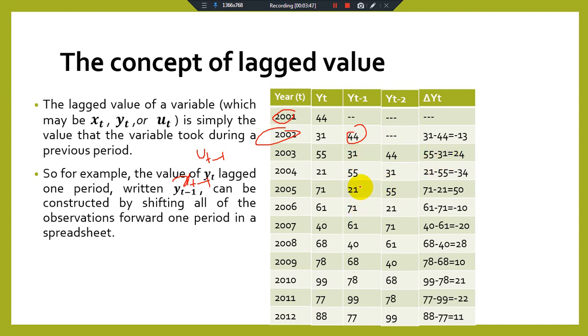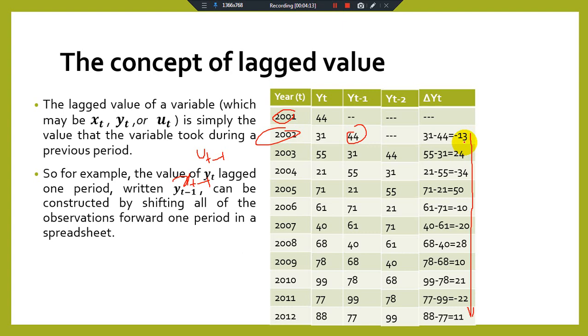So for every next value we subtract the previous value, and we get a series, and this is known as the first difference series. Now we can use it for our regression analysis.